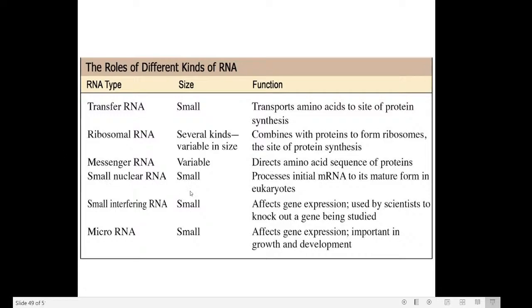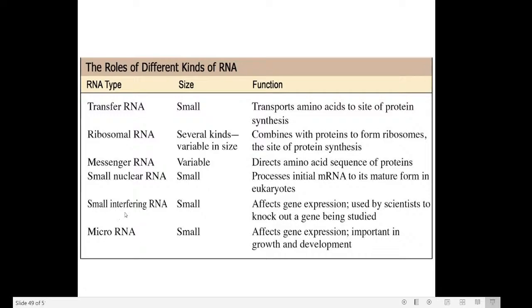Then small nuclear RNA, a very important one. Small nuclear RNA processes the initial mRNA into mature mRNA in eukaryotes.